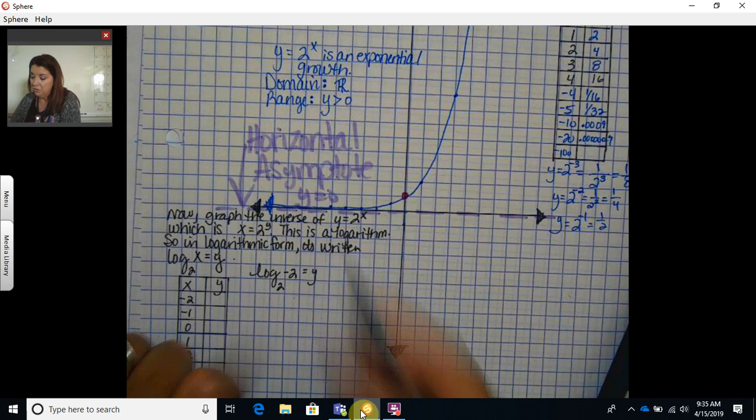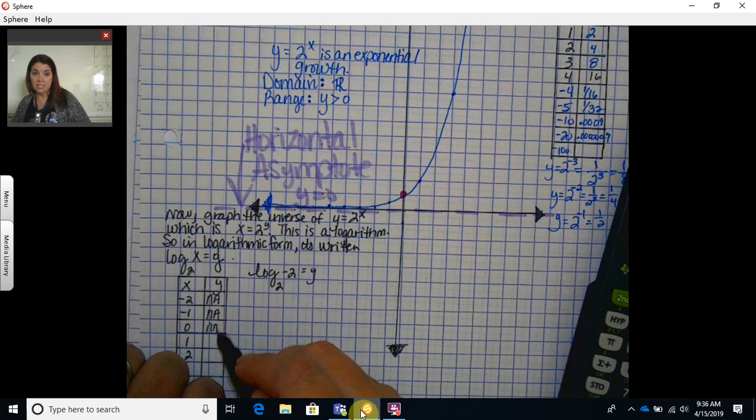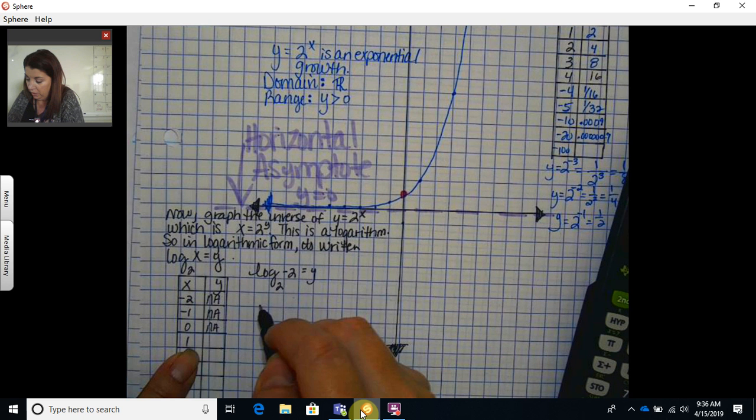It's not applicable. Will it have an x value of negative 1? Will it have an x value of 0? No. What'd I just say? Has to be greater than 0, right? Can't be 0 either. All right, so, well, there goes those 3 points. So let's do 1.